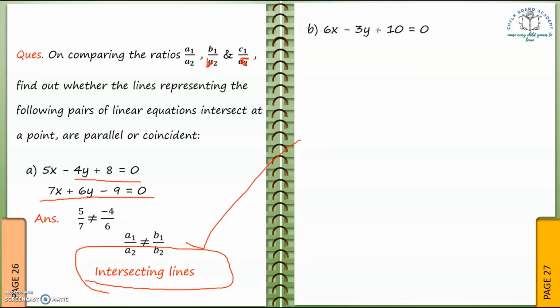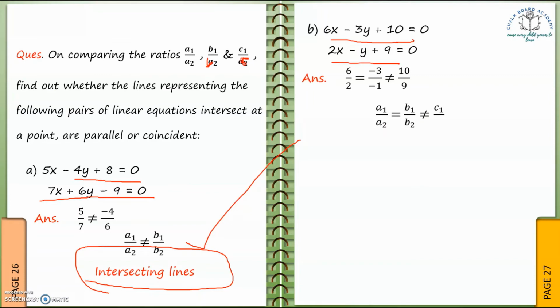Moving forward, we have another question in which we are given two equations: 6x minus 3y plus 10 is equal to 0, and 2x minus y plus 9 is equal to 0. Again, we will form the ratios. 6 by 2, that is 3 by 1, and minus 3 by minus 1 is also equal to 3 by 1. So at the first step we see that a1 by a2 is equal to b1 by b2.